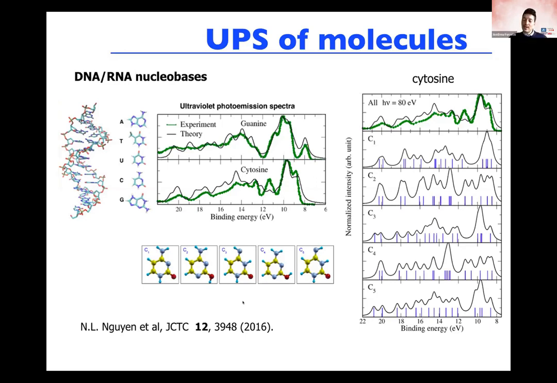So somehow I tried to convey the message at the end of my talk that one of the reasons is that we go beyond the Kohn-Sham scheme. So there are properties within Kohn-Sham that cannot be described, like the position of the LUMO or the fundamental gap.